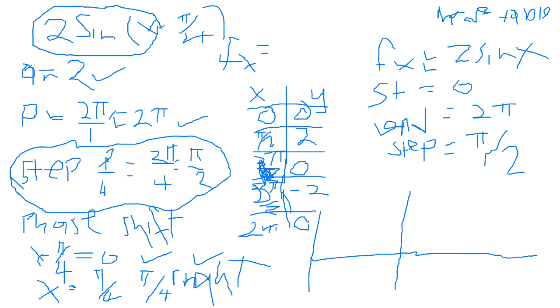Let's go on. So on your graph, it is so easy to plot your points now. 1, 2, 3, 4, 5. So we start from 0. Here will be pi over 2. Here will be pi.